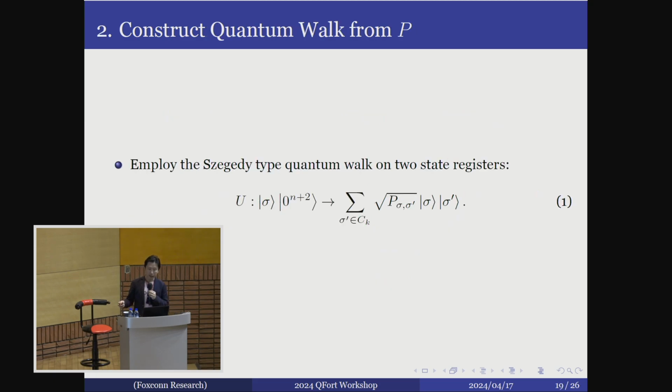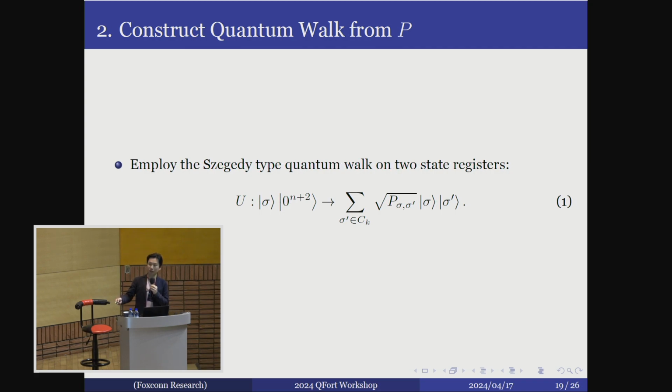Okay. Once we have this transition matrix, the second step is to encode this transition matrix using a quantum walk, into a quantum state.